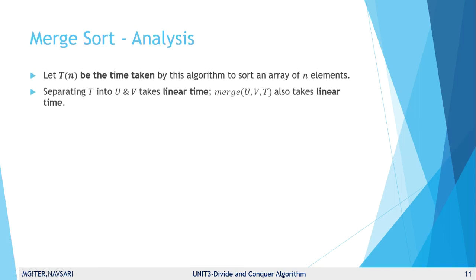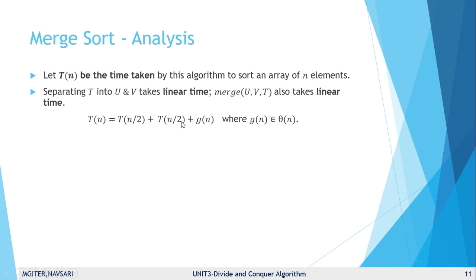Now we do the time analysis, or find the complexity, of merge sort. Let T of n be the time taken by this algorithm to sort n elements. First we divide the given array into two sublists U and V, which takes linear time, and merging the sorted arrays U and V into the array T also takes linear time.